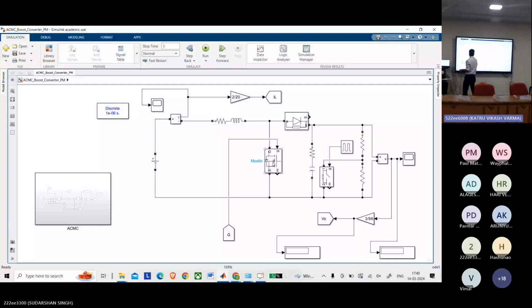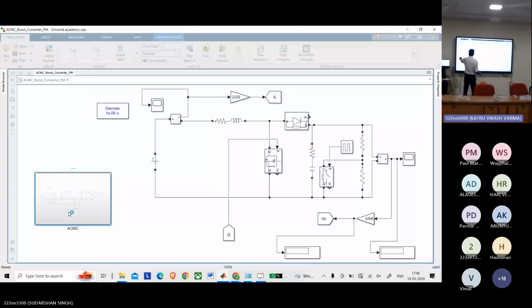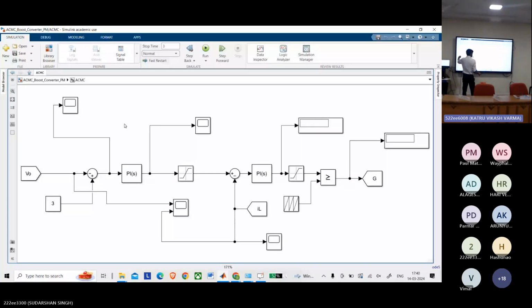Now can you go to this inner loop block diagram, the ACMC block diagram? Okay. Now if you see, this is your V0, or approximately the feedback voltage. It is not basically the V0, it is the feedback voltage after the resistor divider circuit. Then we are comparing with the reference.